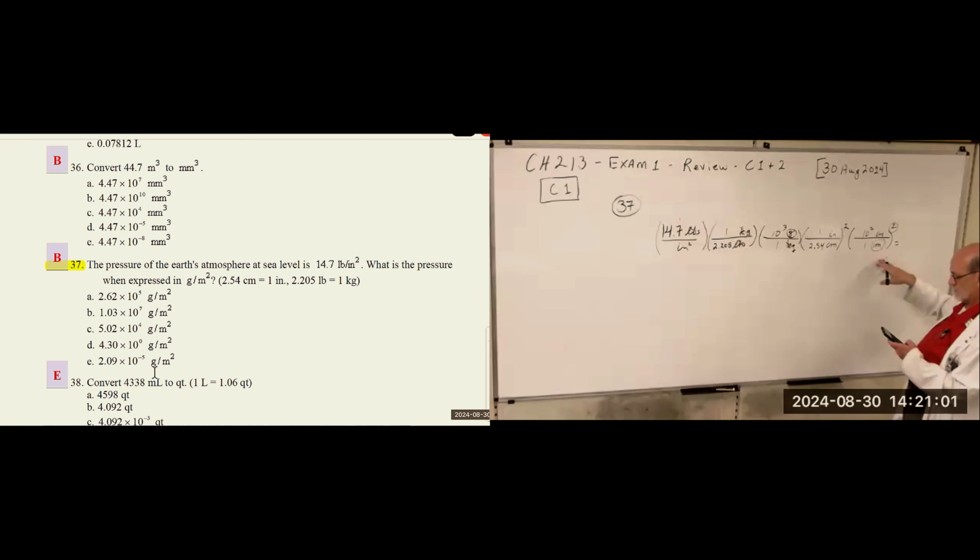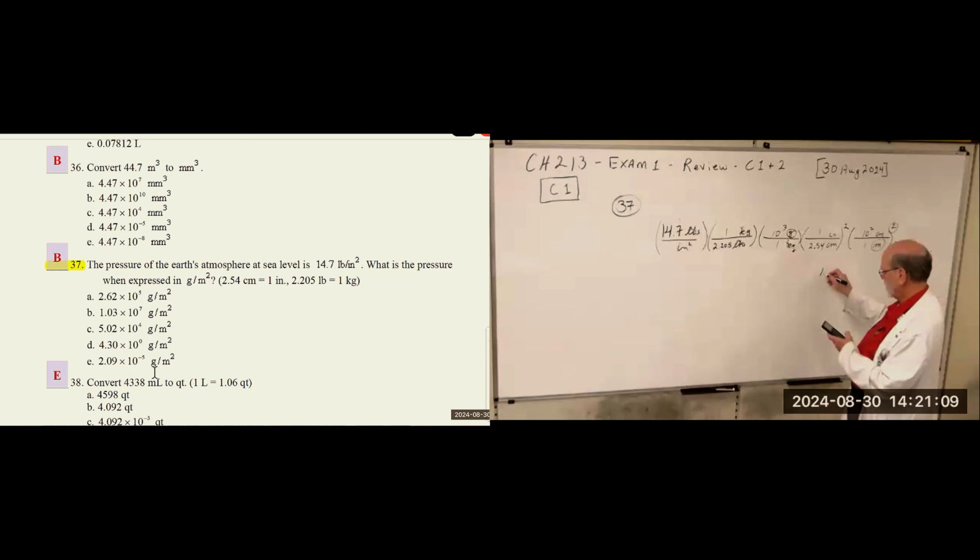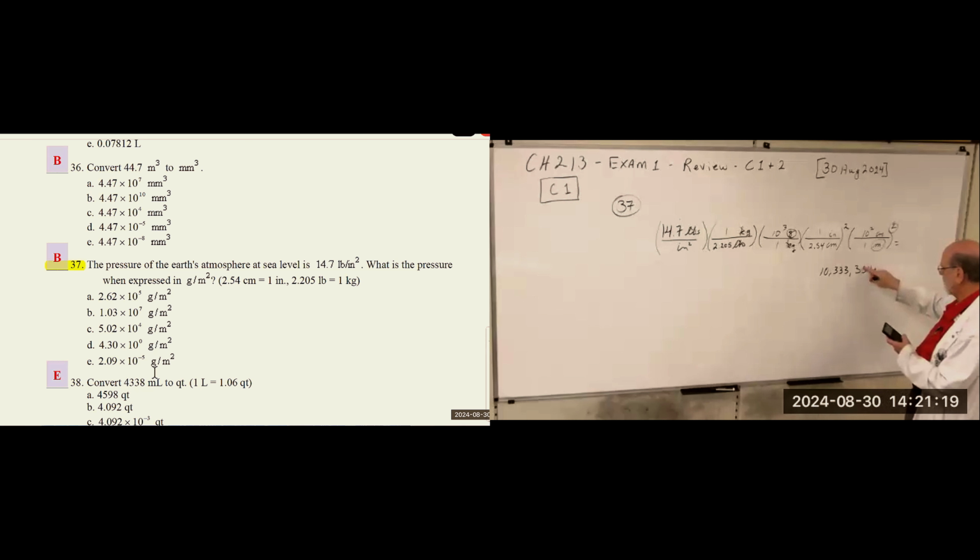And that's it. So scientific notation. All right. So my calculator says 103335354.